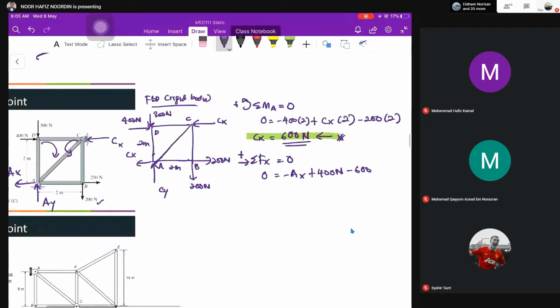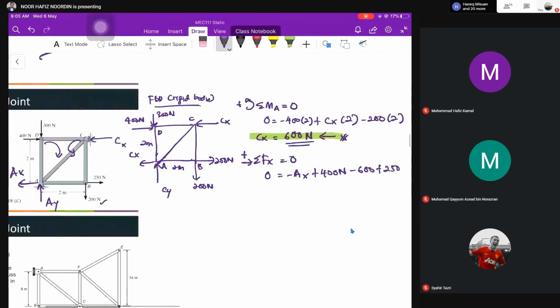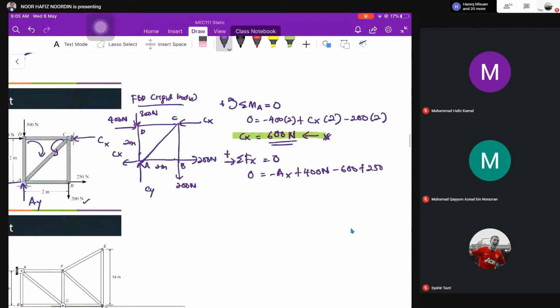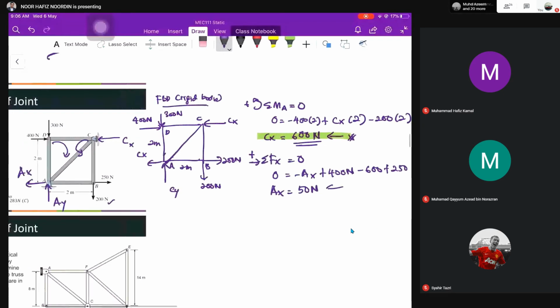And then we have plus 250 to the right at point B. So our Ax value is positive. So we get 50 Newton, right? Positive, right? Correct, sir. So our assumption earlier that Ax is to the left is correct.